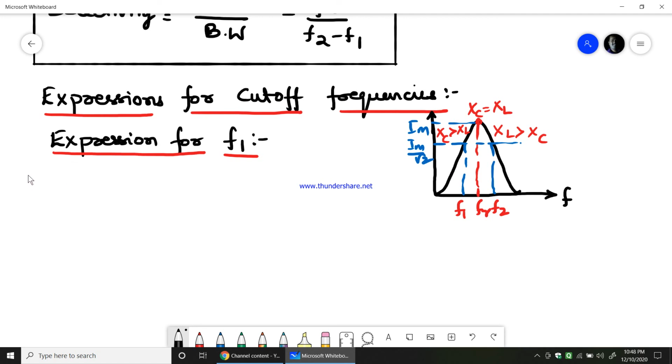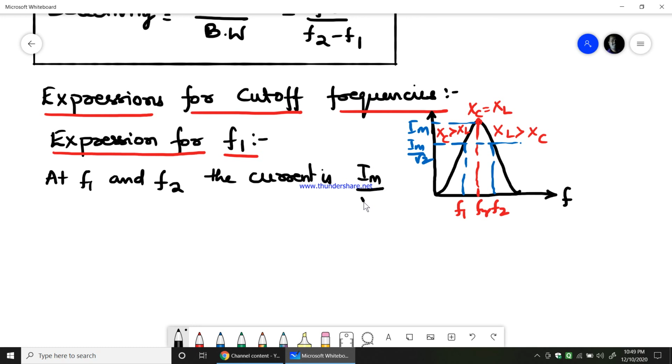At F1 and F2, we know that the current is Im by root 2.